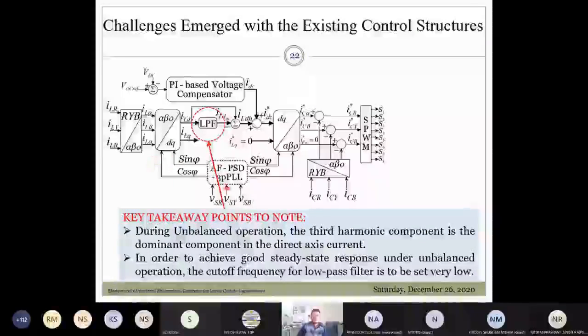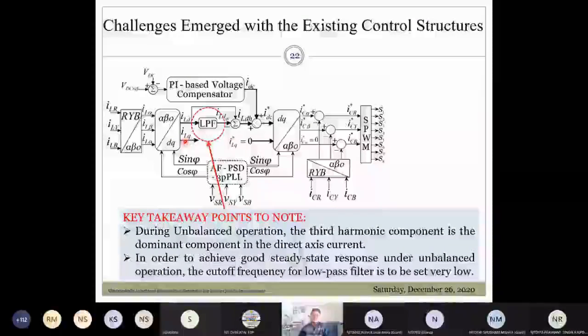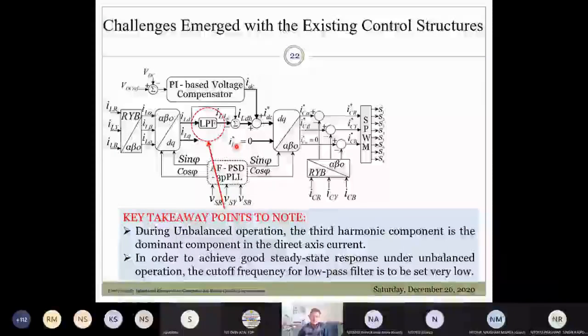So the fundamental objective to transform these three-phase instantaneous voltages and currents into a DQ reference frame is to make the computations easier. This is the fundamental reason. Second is that here the operator can control the active and reactive component of the current independently.